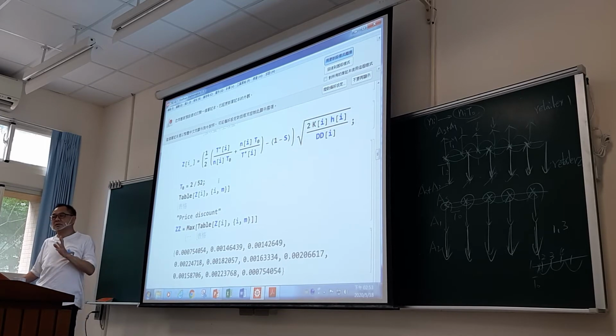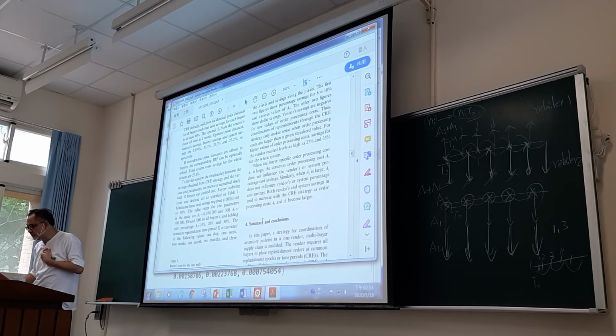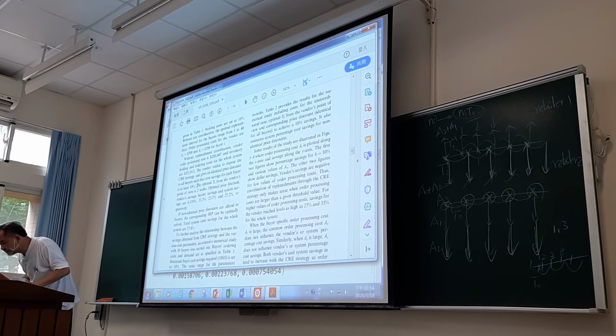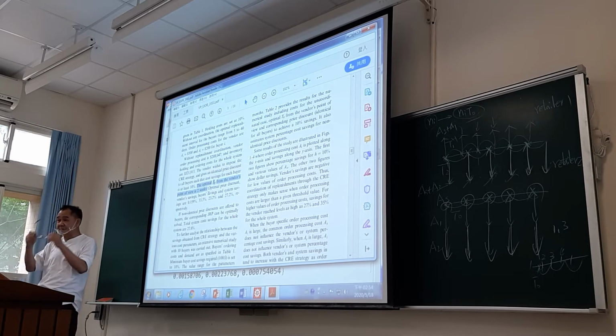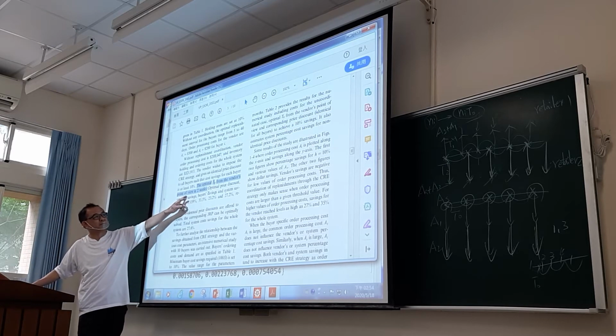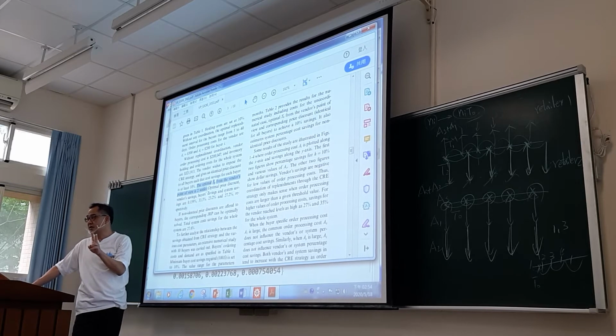And then the paper told us, okay, after some calculation, the optimal T0 from the vendor's point of view is 2 weeks. Okay, 2 weeks.